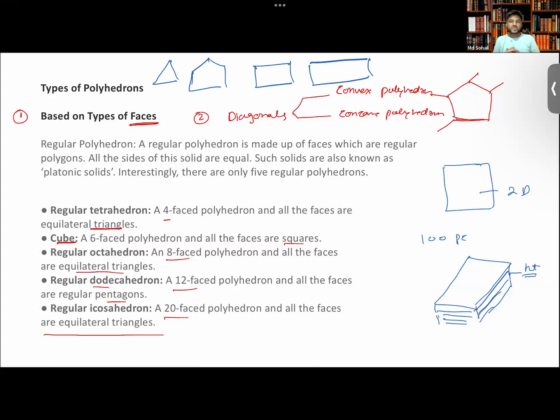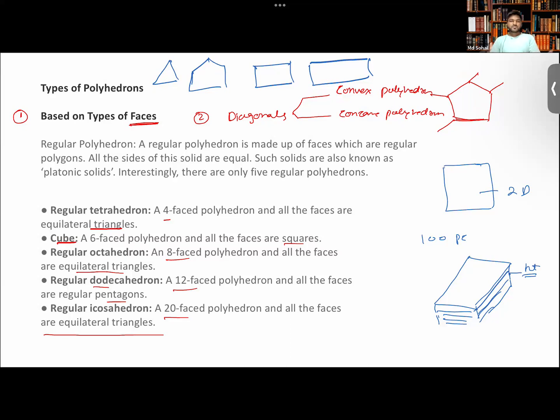For example, a piece of dice in your hand is an example of a polyhedron. A cuboidal shape is an example of a polyhedron. A pyramid shape structure, a prism shape structure, these are all examples of polyhedrons.